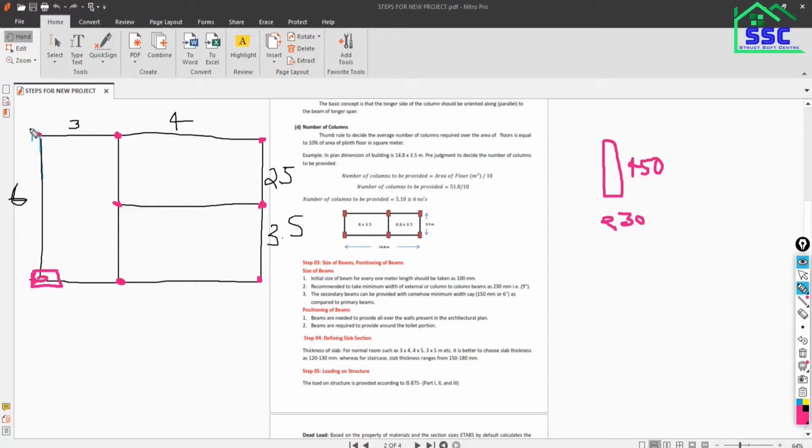This column I am going to take like this, and this column like this, and this column like this. Let me know which column orientation is correct.